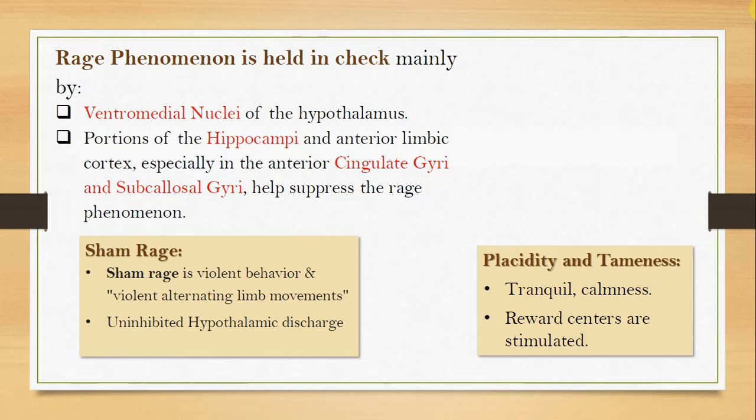Sham rage is a type of violent behavior with violent alternating limb movements, which is claimed to occur in the absence of any sort of inner experience of rage. It is found in some cases due to uninhibited hypothalamic discharge, like in carbon monoxide poisoning and insulin hypoglycemia.